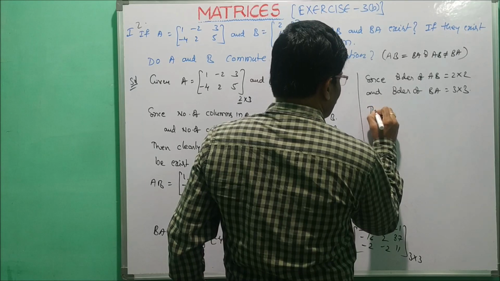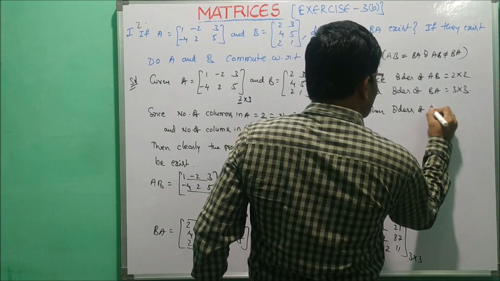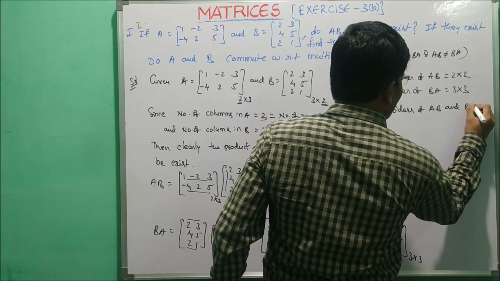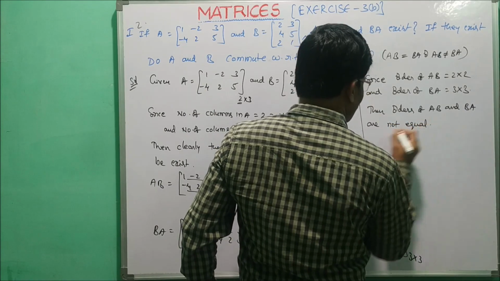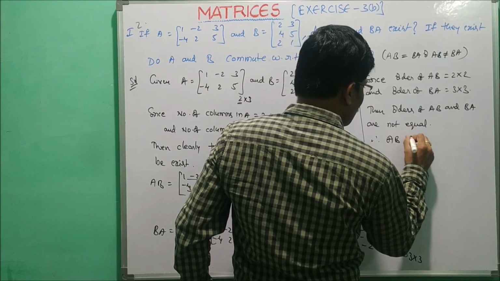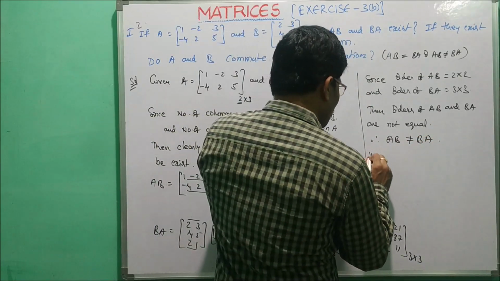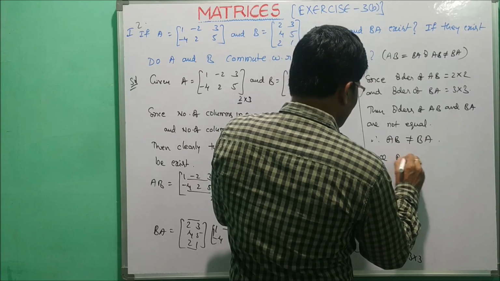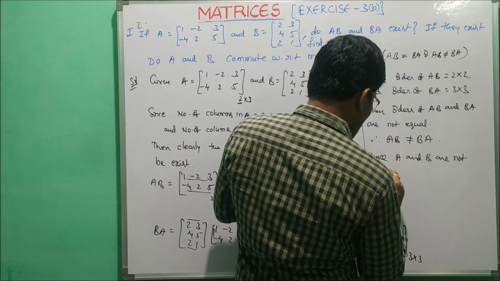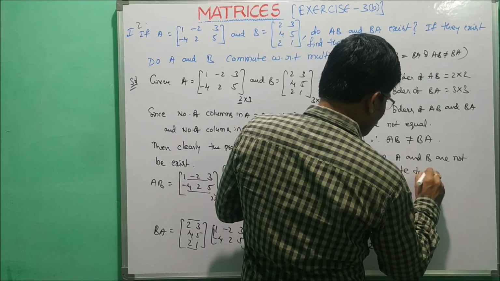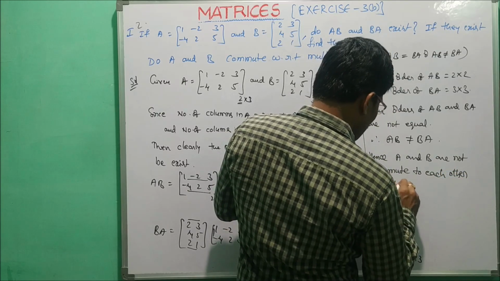Therefore, orders of AB and BA are not equal. Therefore, AB is not equal to BA. Hence, the matrices A and B do not commute with each other with respect to multiplication.